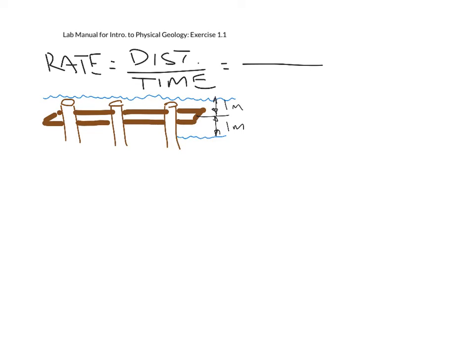So that makes our total change 2 meters over a period of time of 300 years. We're going to divide that out, and that's going to give us 0.0067 meters per year. That's a rate, distance over time.